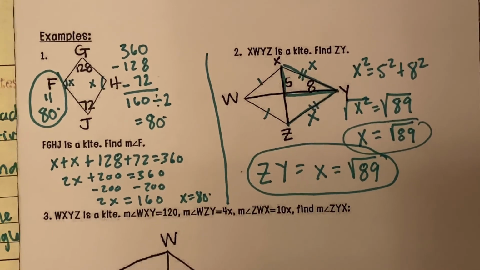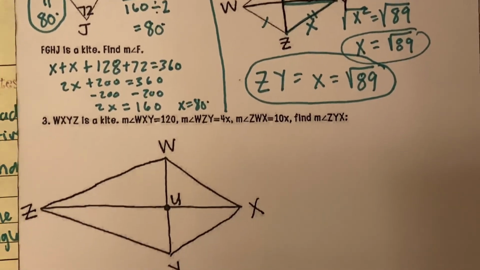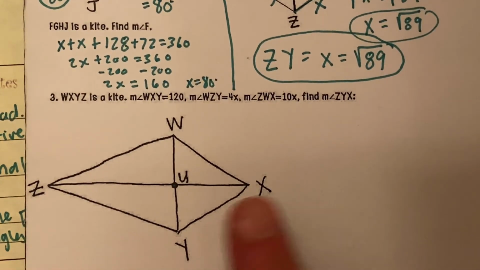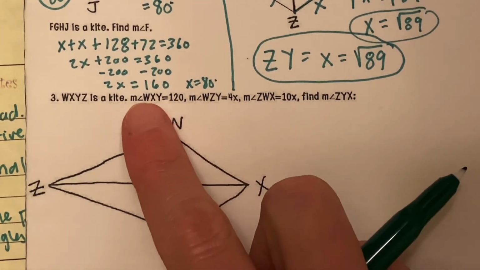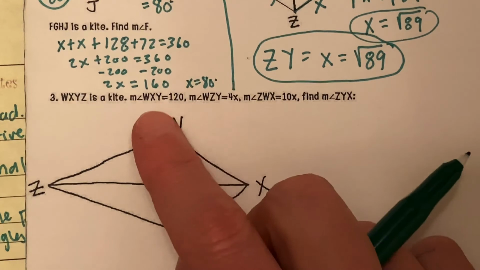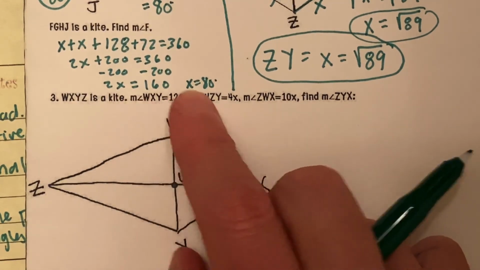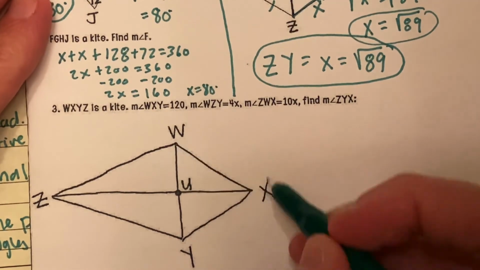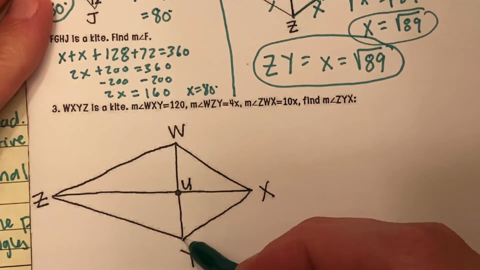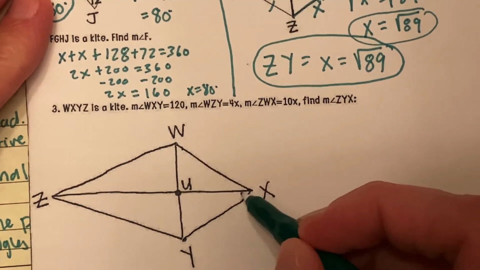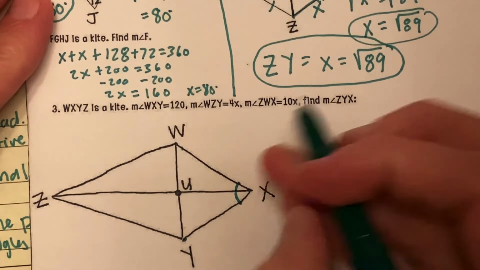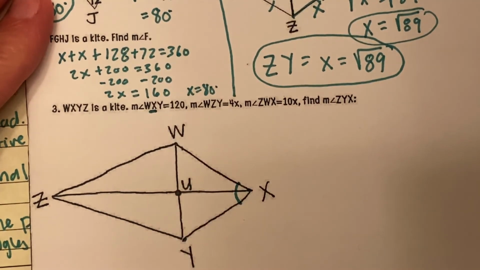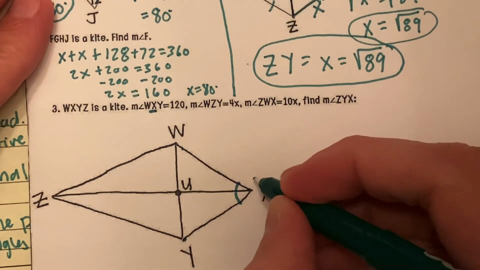Okay. So the last one says WXYZ is a kite. Okay. Angle WXY equals 120. So W to X to Y, this whole thing right here, and we do the letter in the middle, which is X, equals 120 degrees.